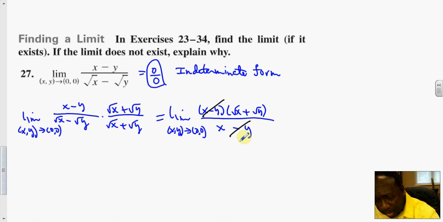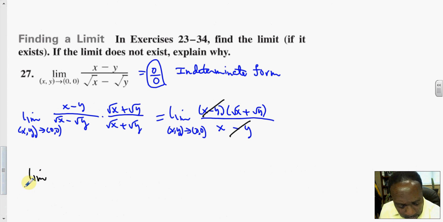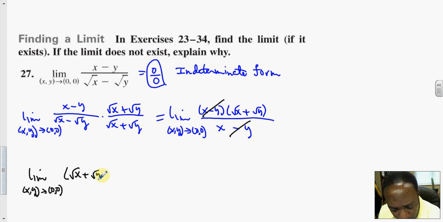So these guys cancel. So this gives us the limit as x comma y approaches 0 comma 0. Up top, we'll just have one term, the square root of x plus the square root of y. Now when you plug in, x goes to 0 and y goes to 0. We get 0, but it's not something divided by 0.